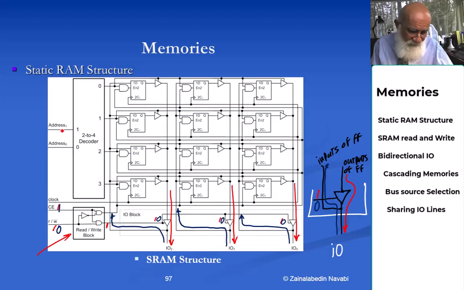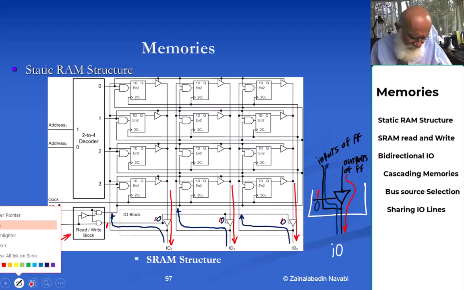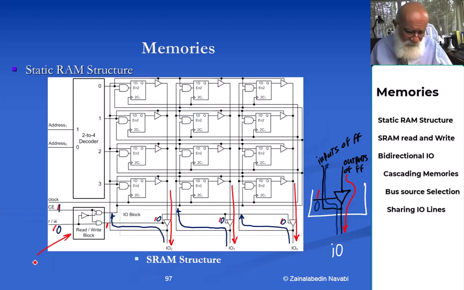Depending on the address, there is a decoder on the left hand side. The decoder, depending on the address, selects one of these lines here. Let me use a different color here. So let's say the address is 10, meaning location number 2.